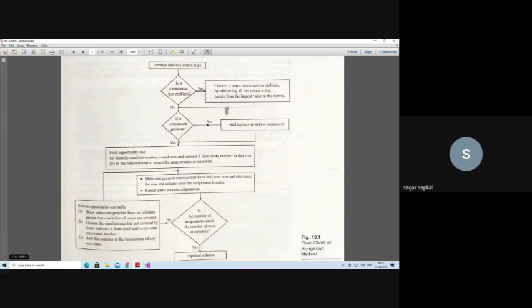Convert the problem into matrix form means you have to take resources either row wise or column wise, and then destinations or jobs either row wise or column wise, and then write it along with its cost matrix. That is nothing but writing it into matrix form. Is it clear to you? Yes, sir.